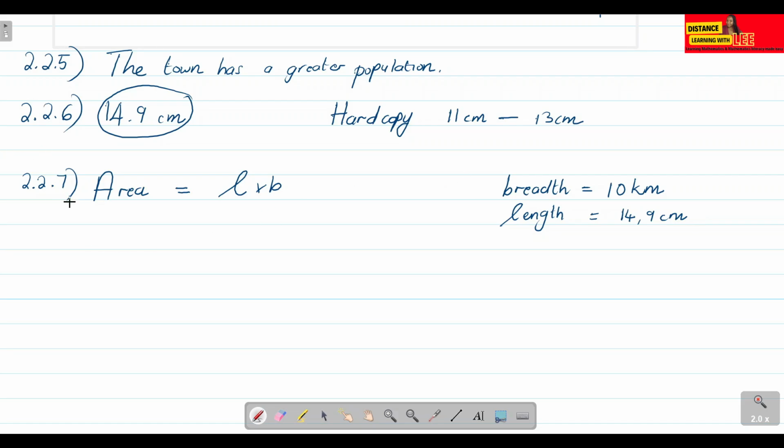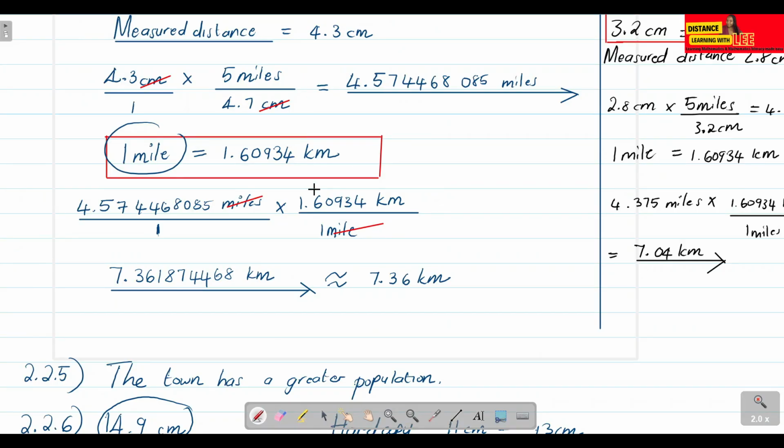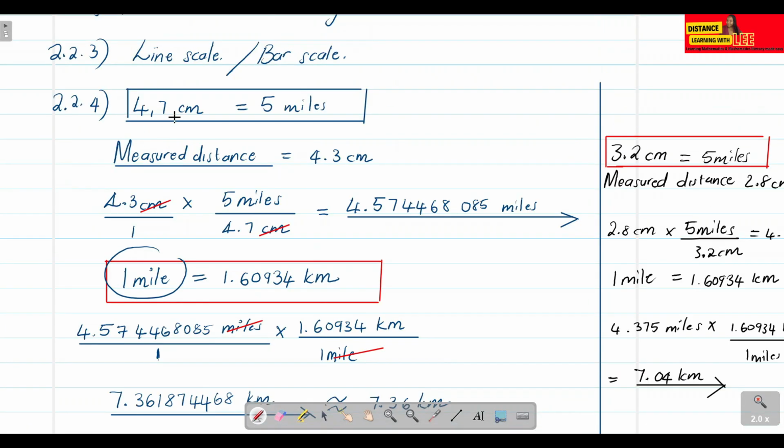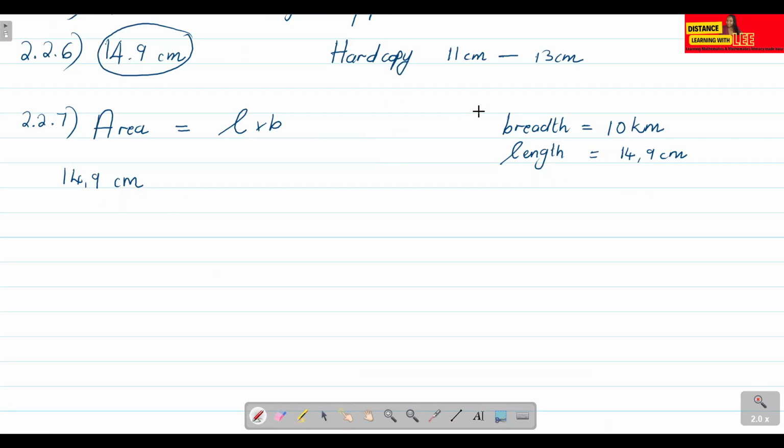So we already know I got 14.9 centimeters in question 2.2.6. From the top I said that 4.7 centimeters is equal to 5 miles. Actually, let me just use the units that you guys are supposed to get. But I think from now, at this point, I'll do both.